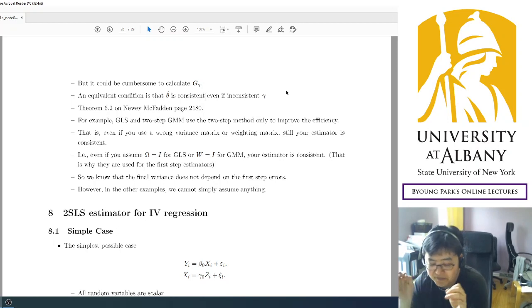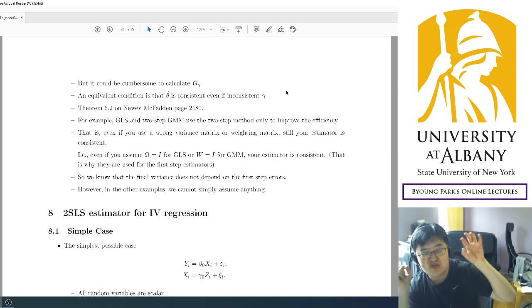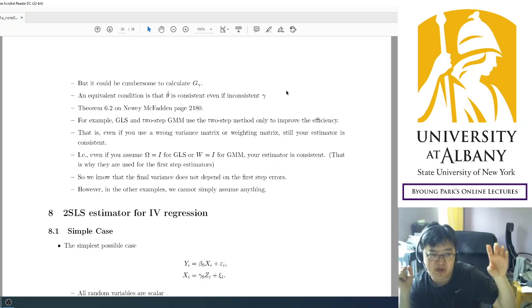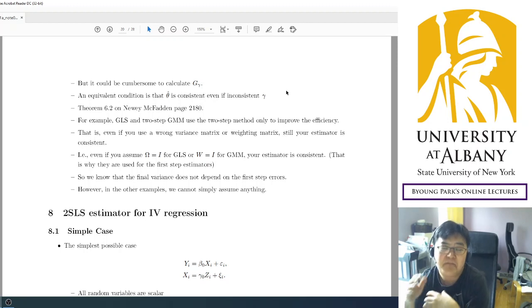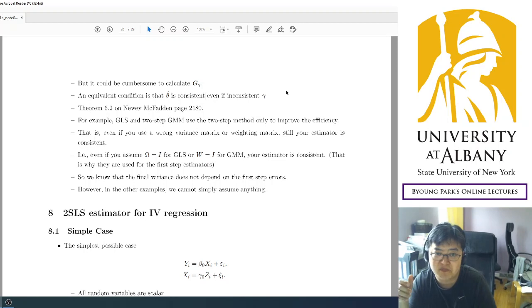So to obtain an efficient estimator, you estimate a first stage estimator and use a better weighting matrix. But even if the weighting matrix you calculated is not optimal, it is not a big problem because your estimator will be consistent no matter what the weighting matrix is.